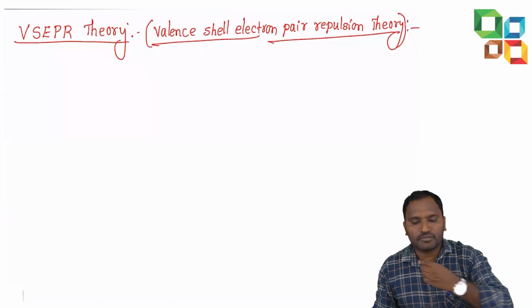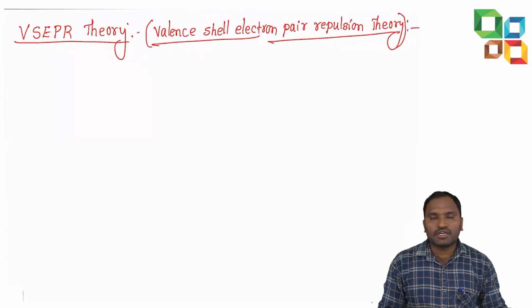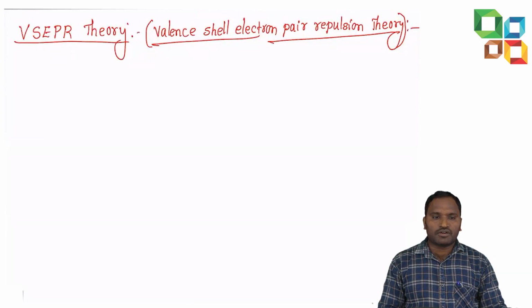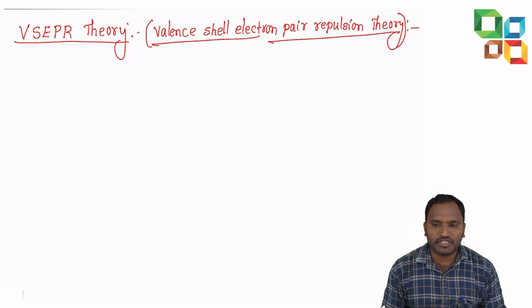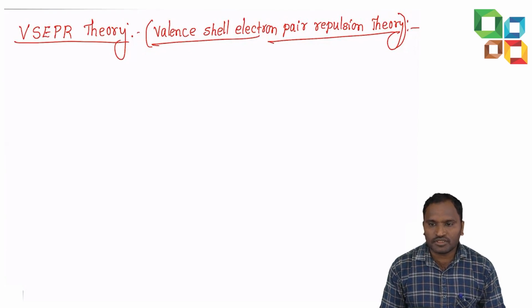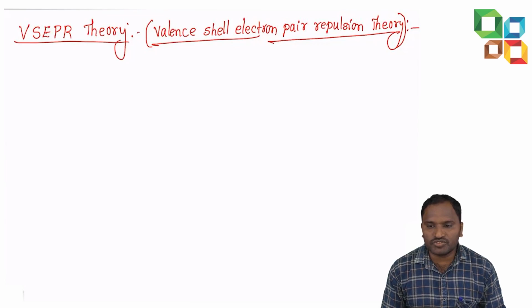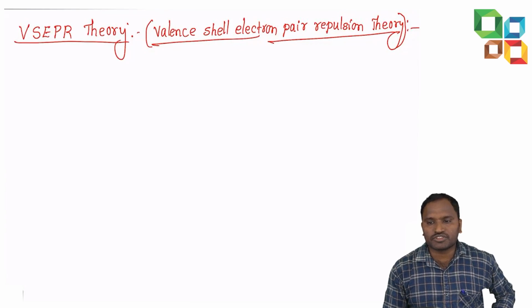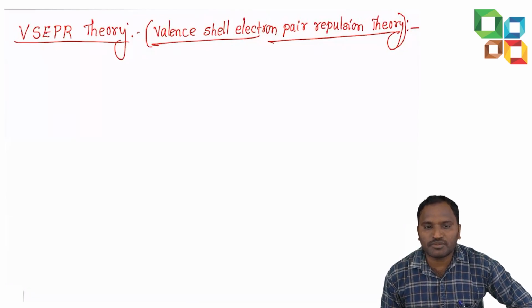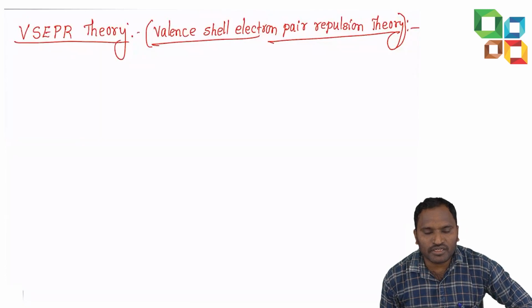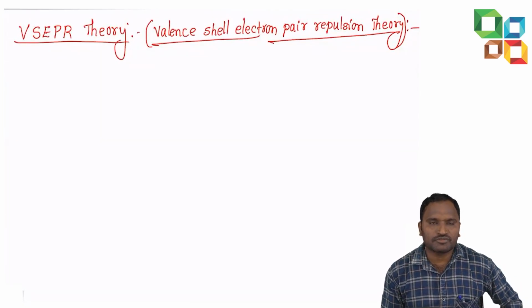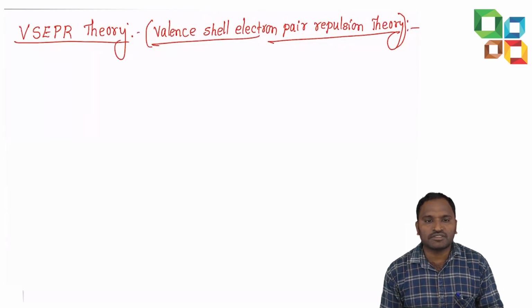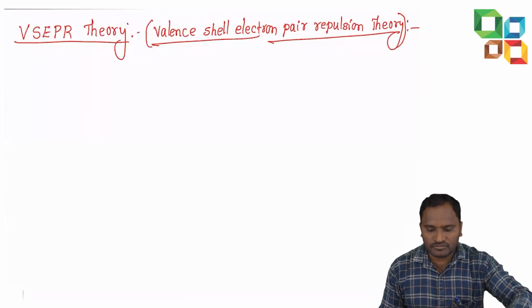In valence bond theory, some drawbacks were there. Those drawbacks were explained by hybridization. Hybridization's main intention is to make all the bonds equally strong, so that the molecule will be more stable. So in that way, it explained the stability of molecules. Now there are some failures in hybridization also. It's not a failure, somewhat it is an updated one as per theory.